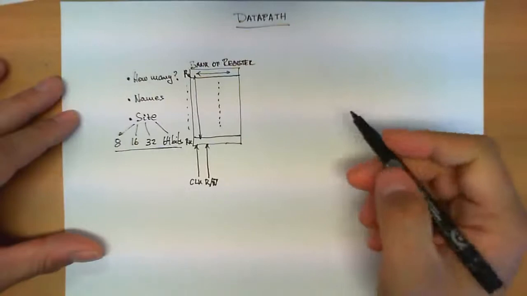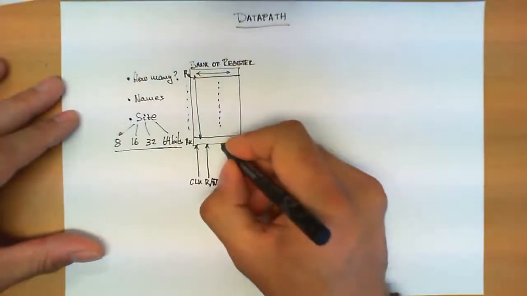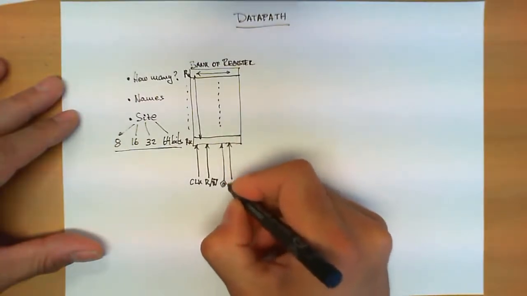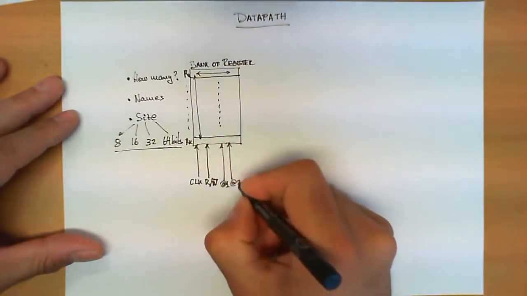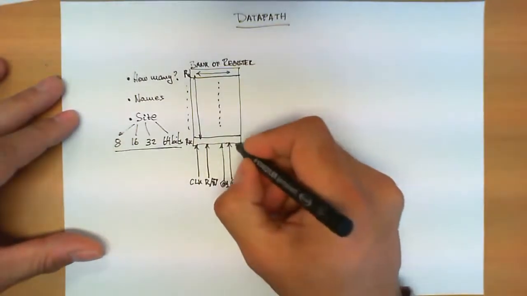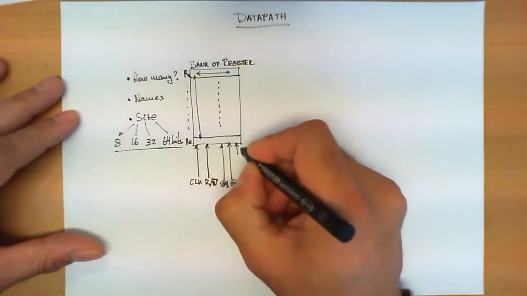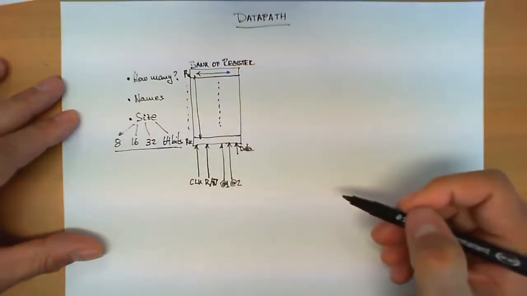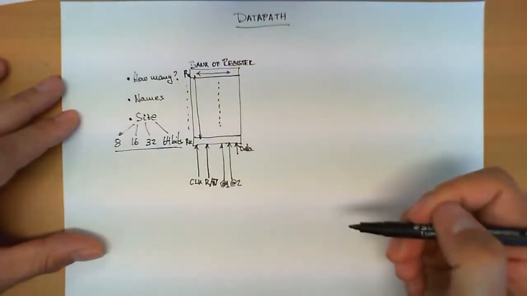And then, depending on the bank of registers, if, for example, this bank of registers can read two registers at the same time, then we are going to put address 1 and address 2 as the address of the registers that can be read. And typically, another control entry is the data that is written to the bank of registers.